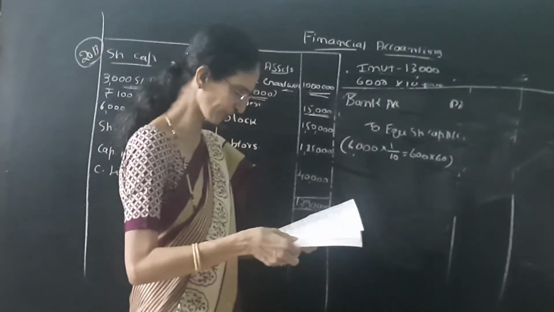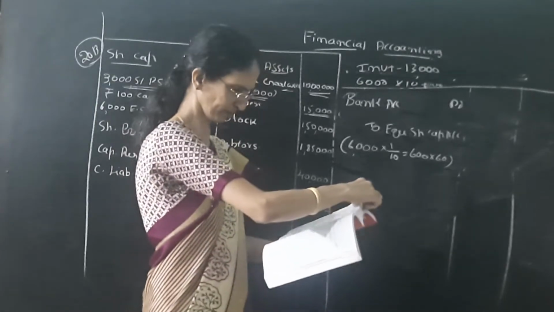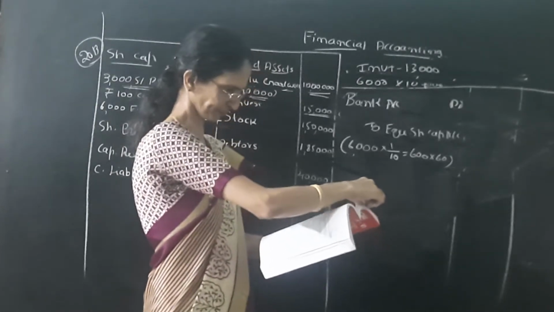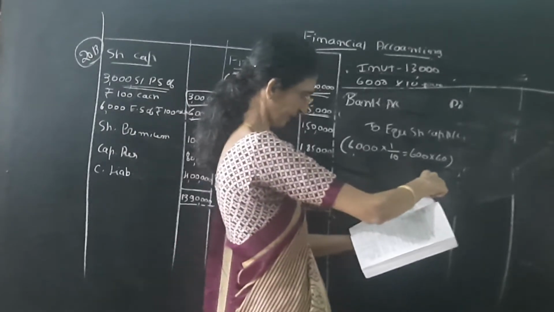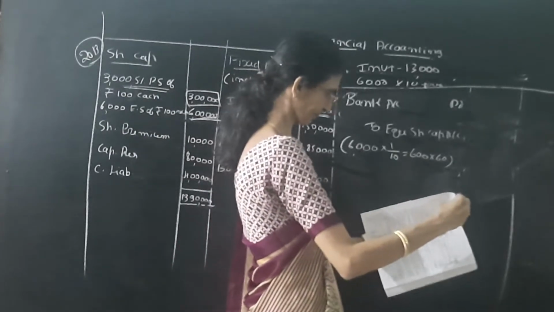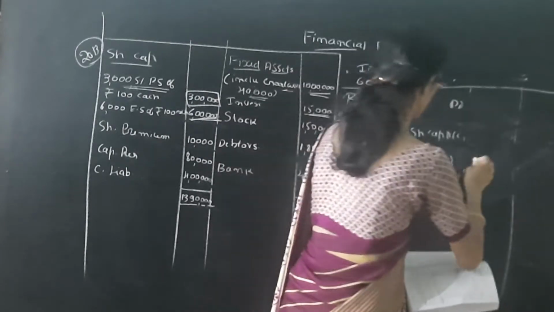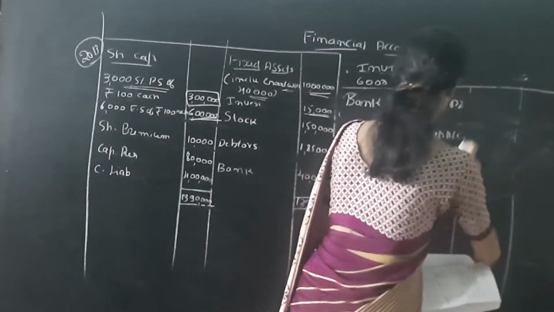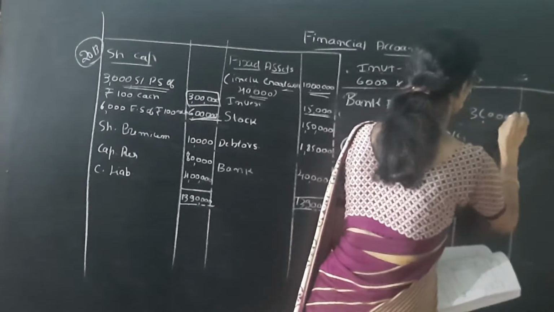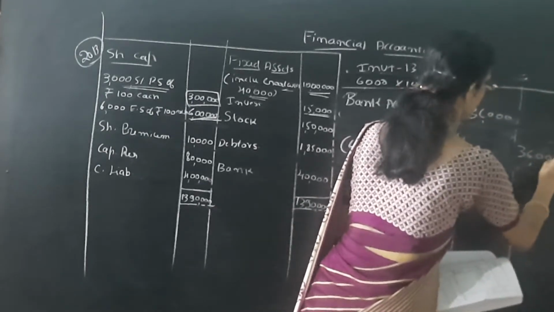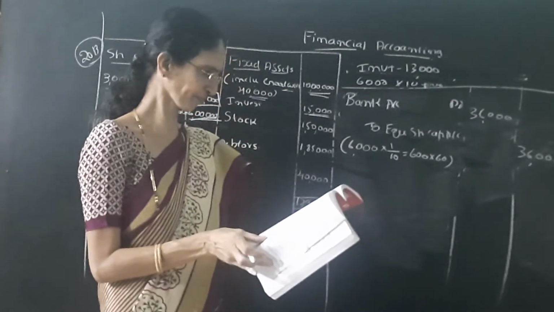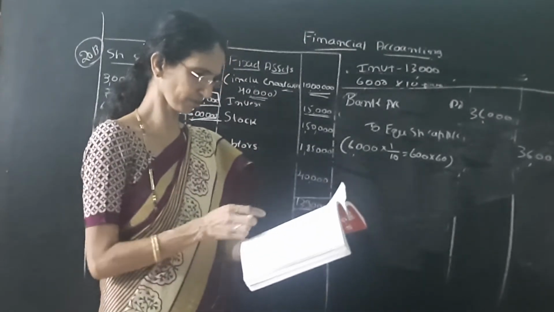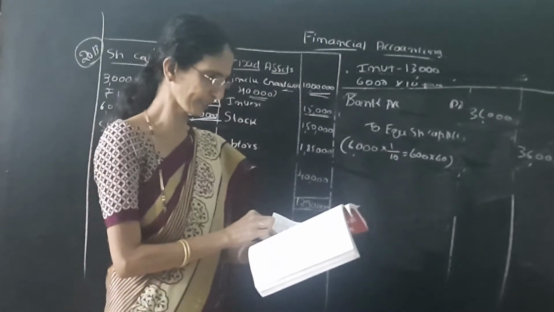So 600 into 60, it is 36,000. So this is the fresh issue of shares. Then the journal entry is over.